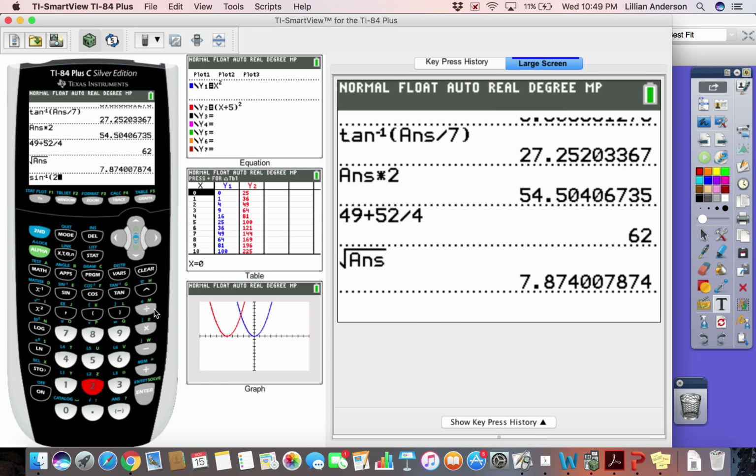So sine inverse of 2 divided by the square root of 62. That's the angle. Now I'm going to double it. And that's my final answer of 29.4, and that would be degrees.